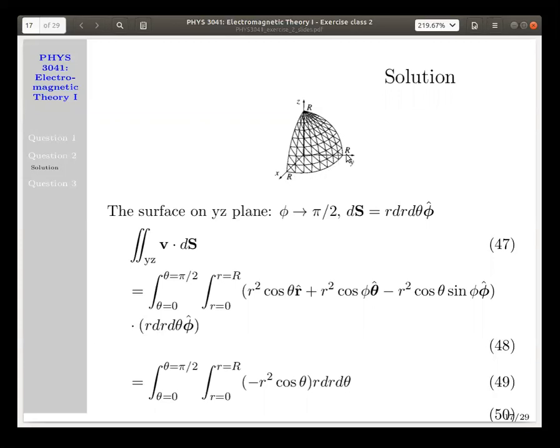So when phi is pi over 2, phi hat will be pointing exactly in the negative x direction. Then we do the dot product, and here only the phi component will survive. The integration is done with r going from 0 to capital R, and theta going from 0 to pi over 2.